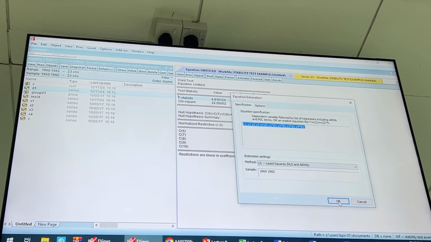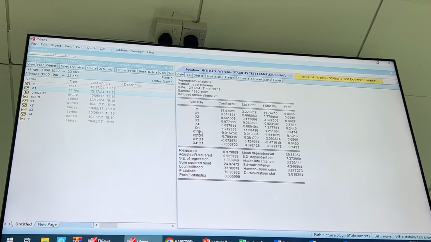You go back to the estimate, you can check one by one. So the additional part of the intercept, whether it is significantly different from 0 or not. The p-value is greater than 0.05, not significant. So we can say the intercept is just the same before and after.